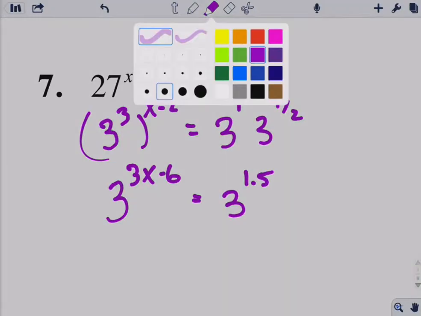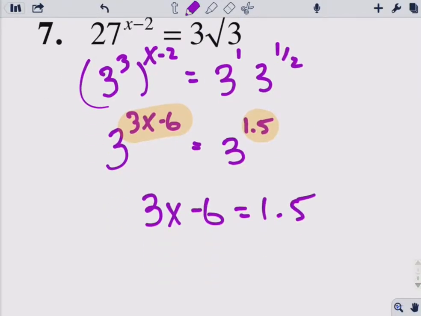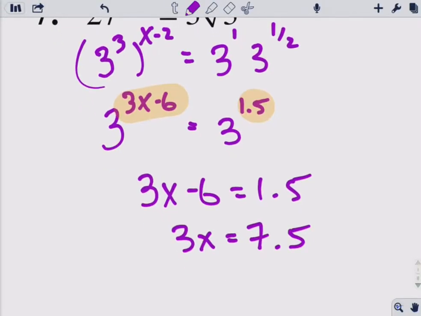So again, I can take my exponents. So I get 3x minus 6 is equal to 1.5. Add the 6 to the 1.5, and get 3x is equal to 7.5, or x is equal to 2.5 if I divide by 3.